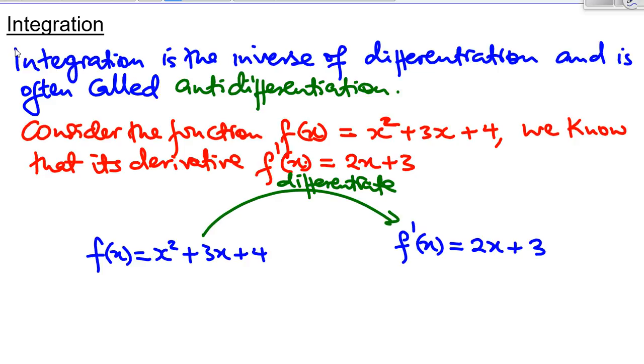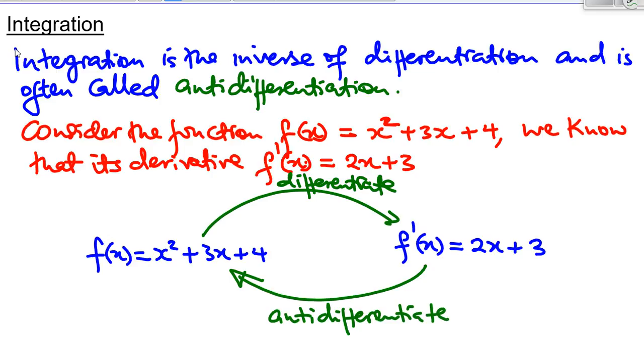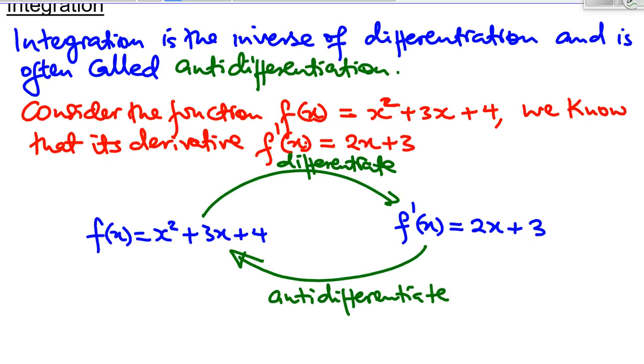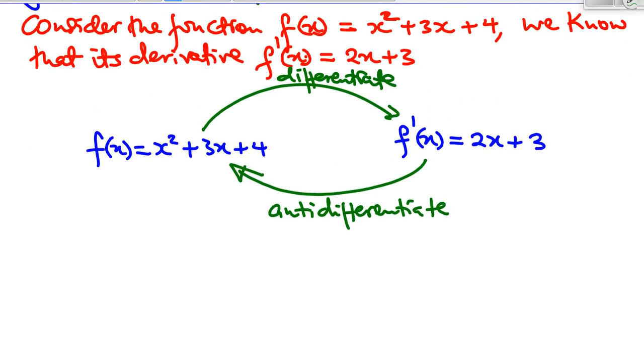Now, what you're seeing here is the reverse process of differentiating. So the reverse of this process is what we call anti-differentiation. So the opposite of differentiating is anti-differentiating.